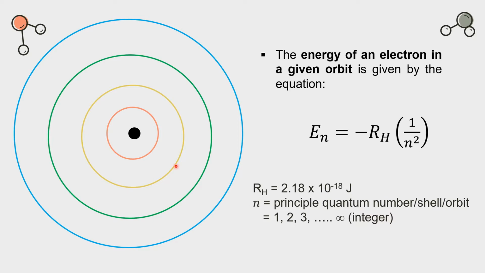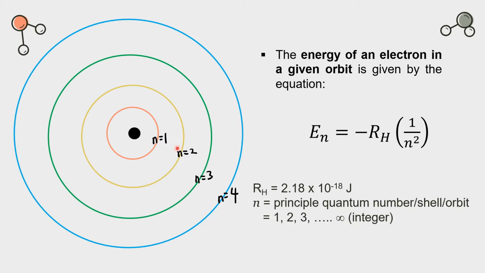According to postulate 3, each orbit is represented by an integer known as the principal quantum number n. So we can label the first orbit as n1, the second orbit as n2, the third orbit as n3, and the fourth orbit as n4.